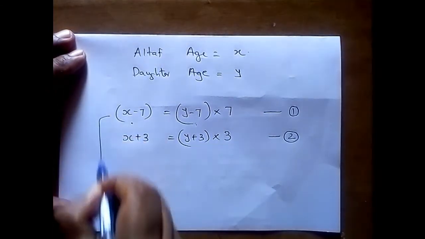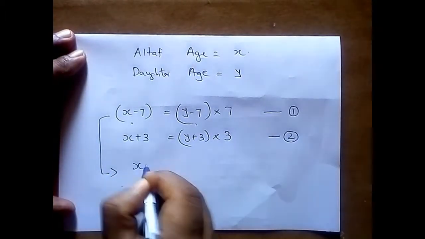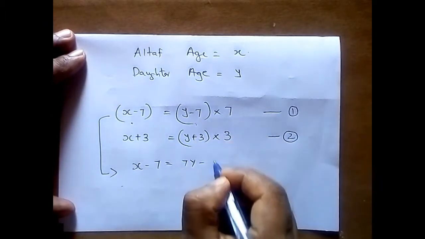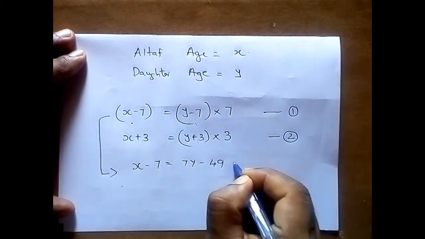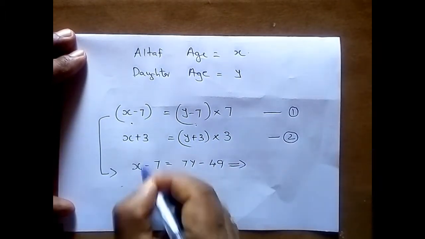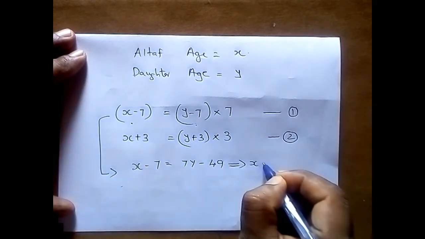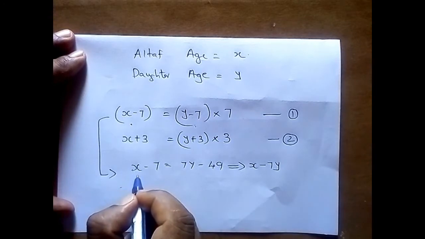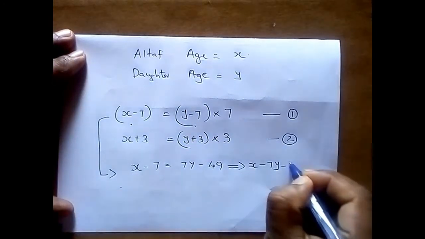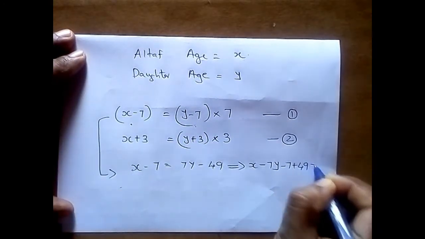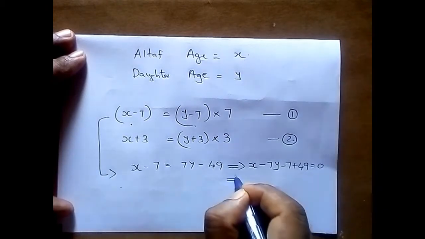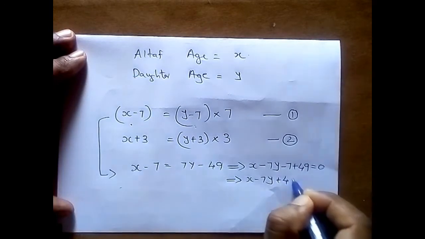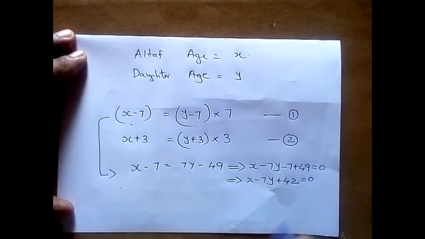We will simplify this. x minus 7 is equal to 7y minus 7 into 7, 49. That means 7y coming here, so x minus 7y minus 49 coming here plus 49. So minus 7 plus 49 equal to 0, or x minus 7y plus 42 equal to 0.